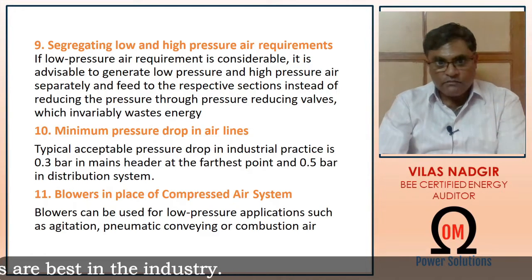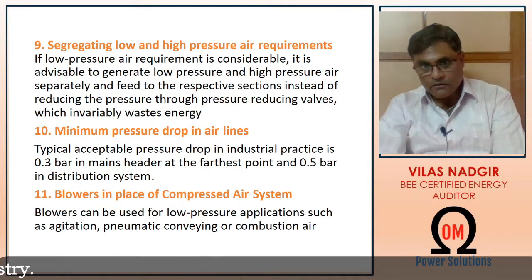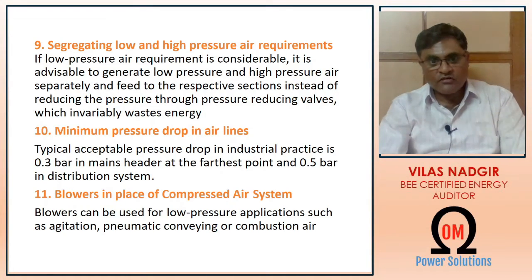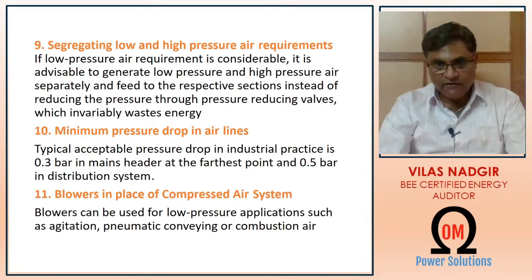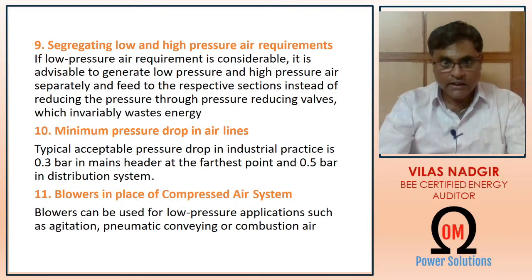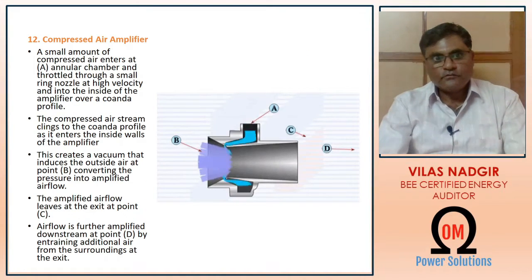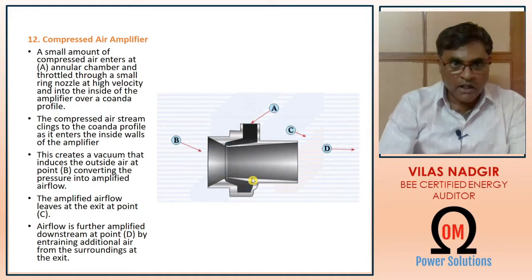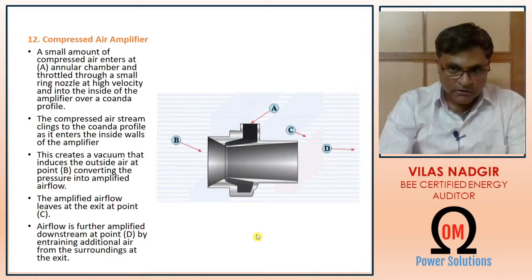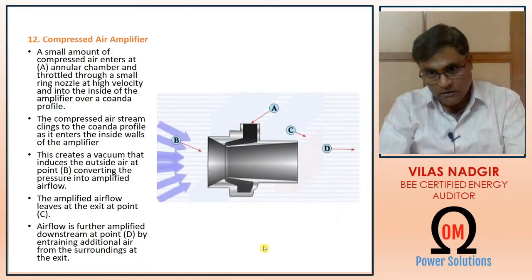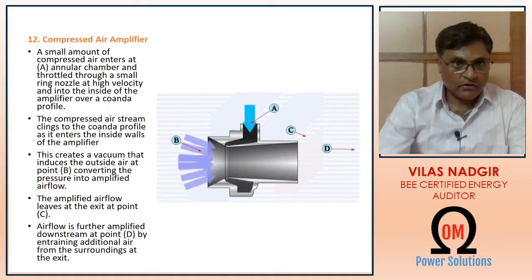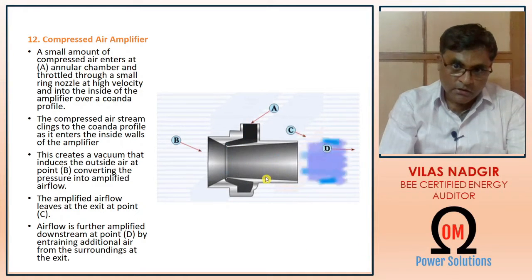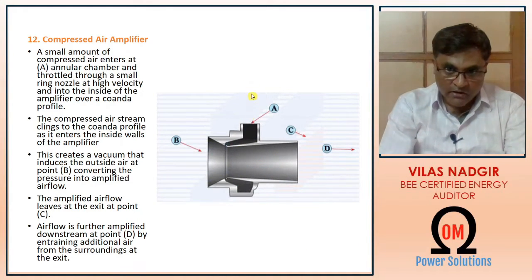Blowers in place of compressed air system. Sometimes compressed air is utilized where blowers can be used for applications such as agitation, pneumatic conveying, or combustion air. This is one of the important pieces of equipment known as the compressed air amplifier, which is being used nowadays in most industries. The working principle of this compressed air amplifier is like this. Only a small amount of compressed air is fed from this point.